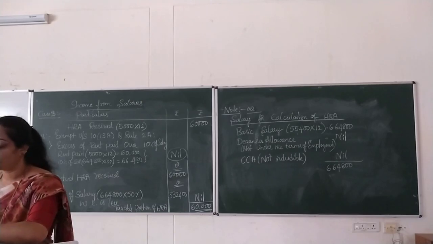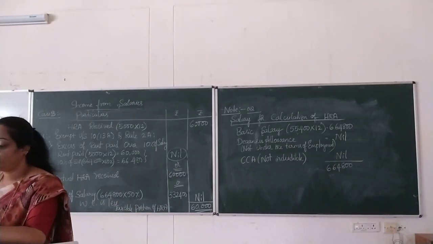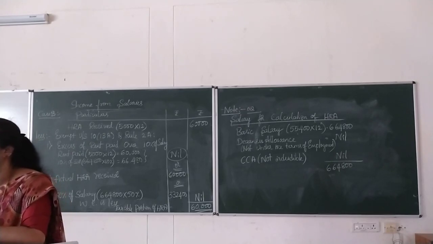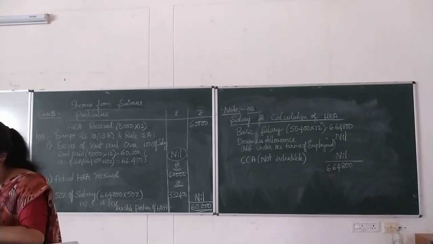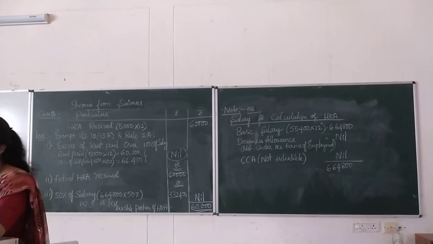This was asked in June-July 2019 for 7 marks. Take note, June-July 2019 for 7 marks. X, a resident of Ajmer.